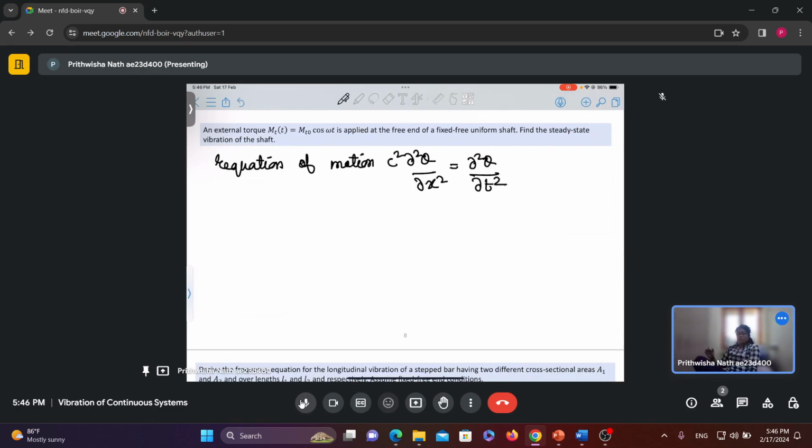So we can assume the steady state vibration as this.